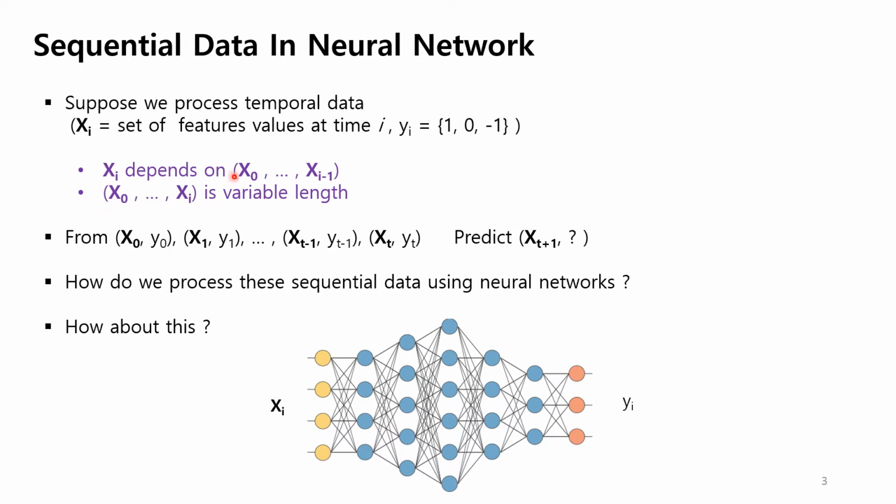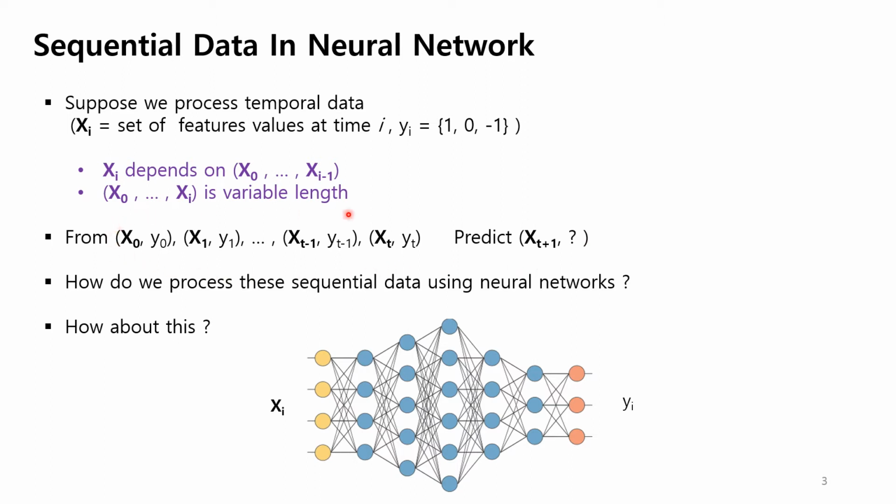So that makes this entire data variable length. That is the second characteristic of sequential data. By using all this past data, you will make a prediction of this. So that's the typical example of sequential data processing.